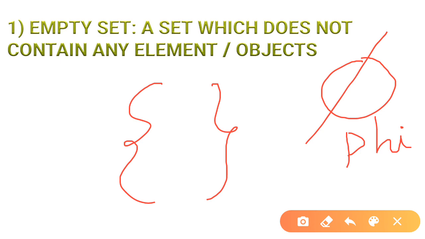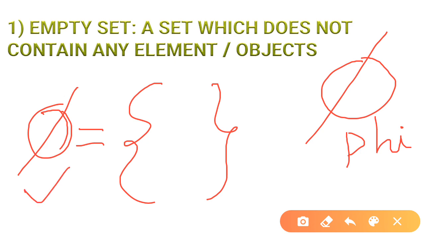That is known as the empty set. So the empty set is shown with this symbol, named pi. The empty set is denoted by this symbol as well as the empty curly or flower bracket. This is also an empty set and this is also an empty set.